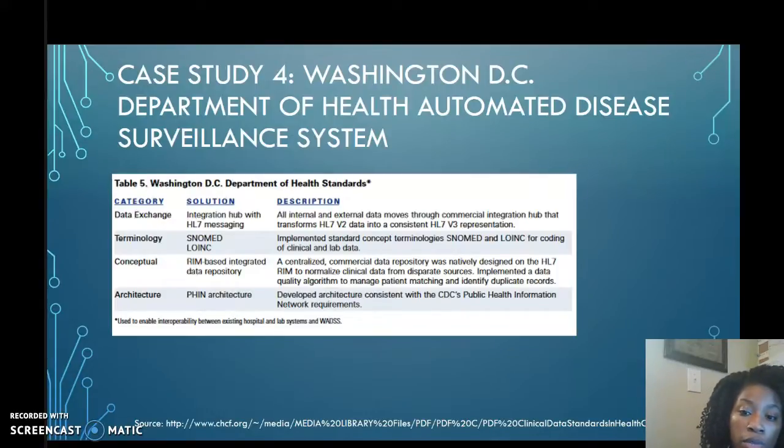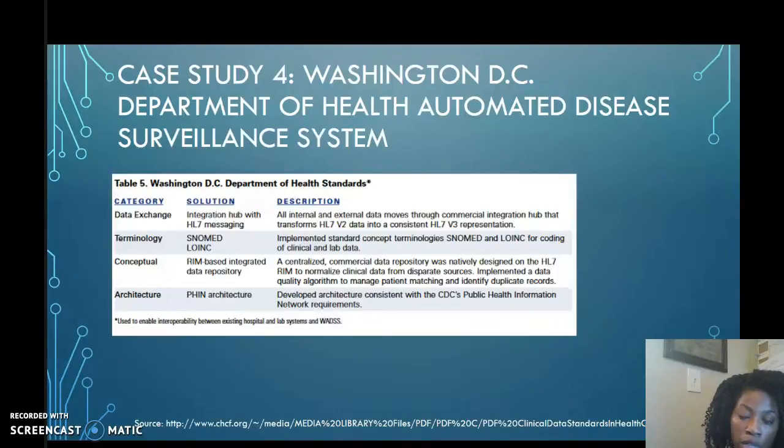DCDOH realized it had systemic problems, including information silos, long delays in obtaining clinical information, and incomplete planning for known and unknown hazards. The project was to demonstrate more effective bioterrorism and disease surveillance through an integrated public health infrastructure.